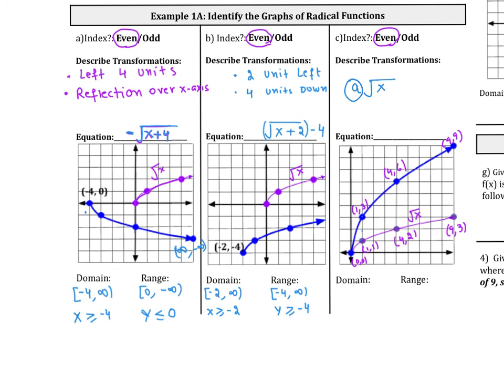The equation means you're multiplying by 3, so all the y values are multiplied by 3. 2 times 3 is 6, 3 times 3 is 9, 1 times 3 is 3. So the new blue function is 3 times square root of x.